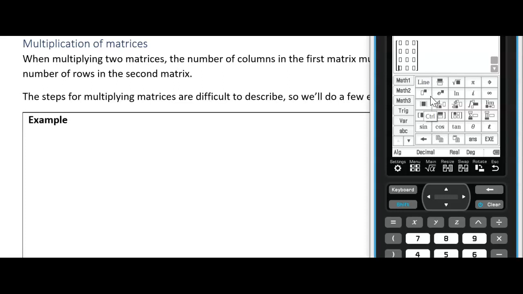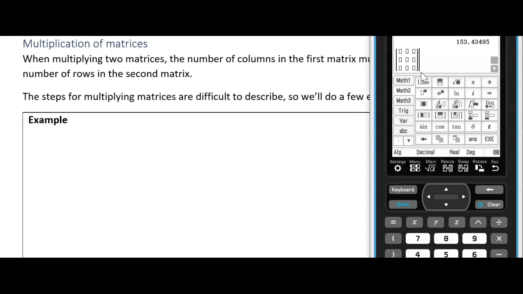If you needed to delete it, you can just go back and delete that. You can get a 2 by 2 matrix quite quickly, and then you can expand on that. It's just pressing those buttons.